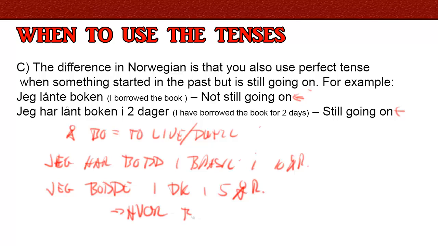Hvor bor jeg? Where am I currently living? Based on these phrases. The answer is of course Brazil. Bodde i Danmark i 5 år. Past tense, it's a verb action that happened in the past. Har bodd, started in the past, but still going on.